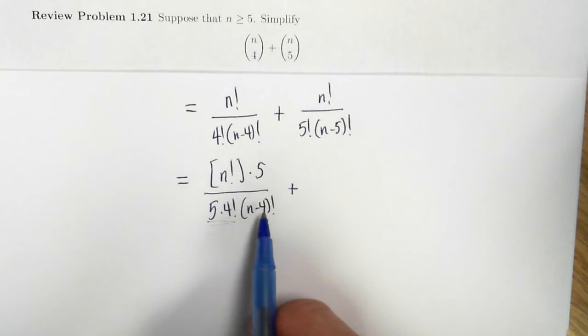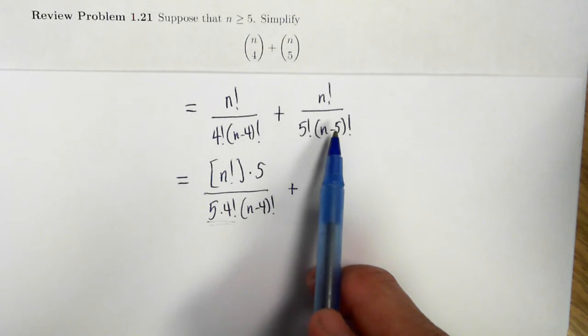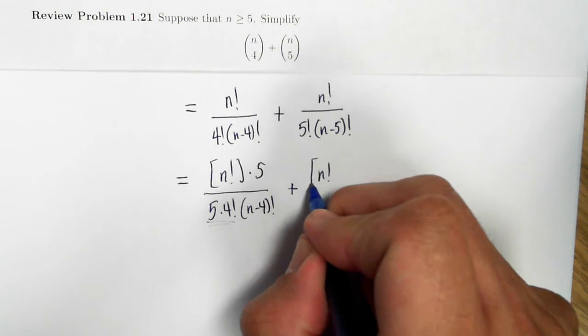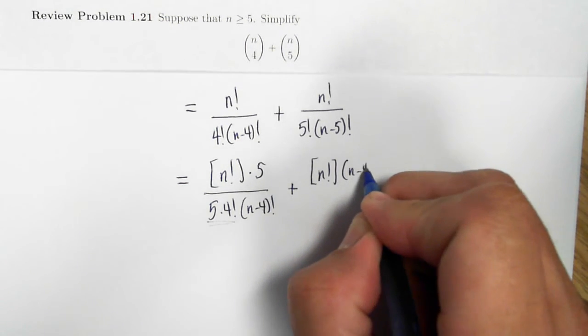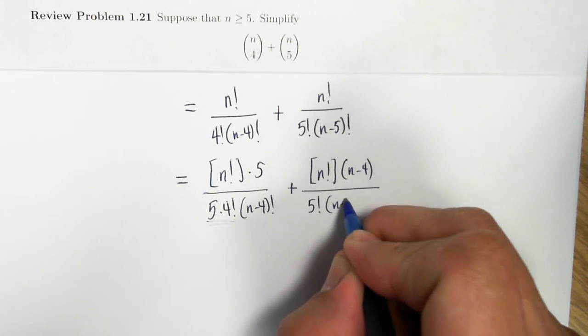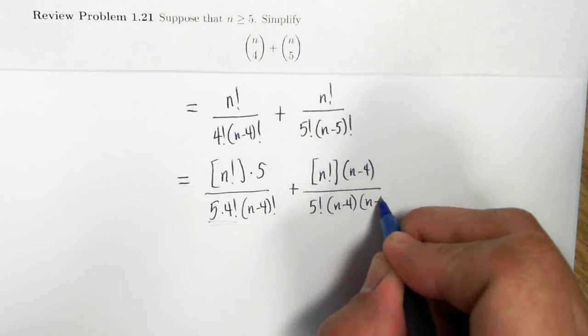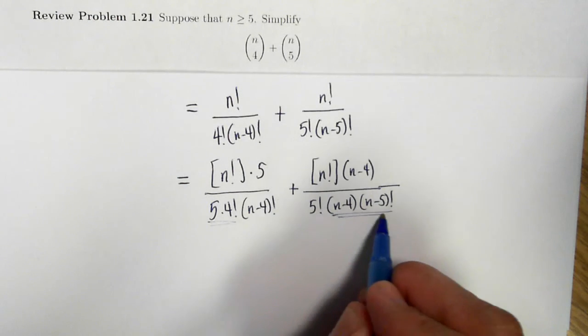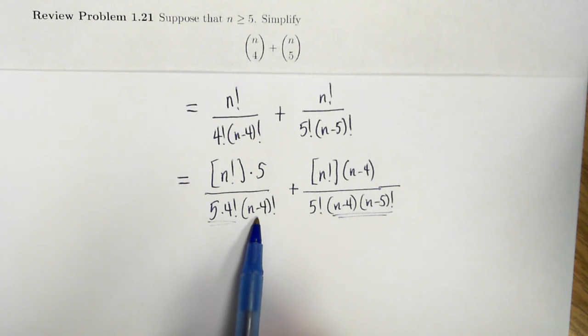In a similar way, n minus 4 is 1 more than n minus 5. So if I multiply top and bottom here by n minus 4, 5 factorial, there's the extra n minus 4, there's the original n minus 5 factorial. I'll do that so that the thing that I underline here would be equal to n minus 4 factorial.